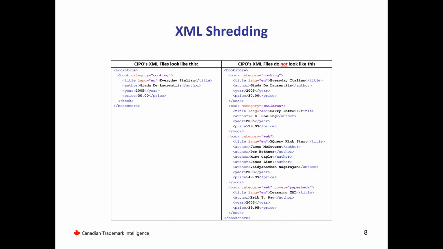By invariant, I mean that you get the same set of nodes in every XML file as you see here in the right column. However, CIPO's trademark XML files do not contain the same sets of nodes in every file. Some nodes exist in some files, but not in others.